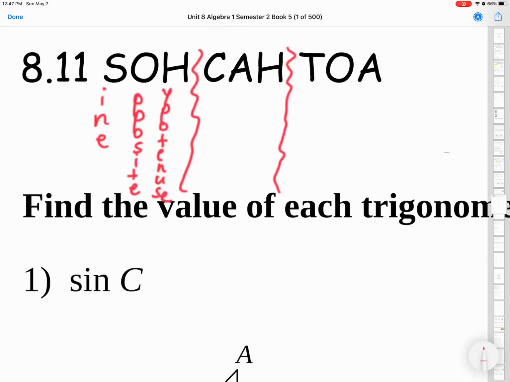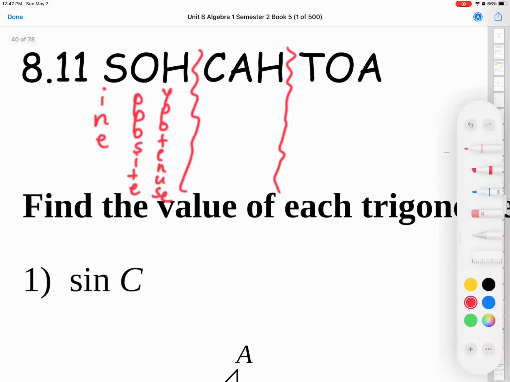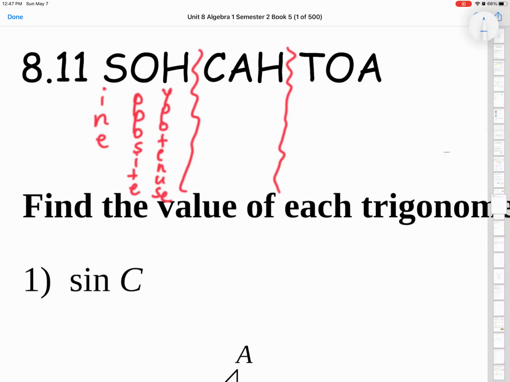So again, for the sine function, it is opposite over hypotenuse. Now we're going to get to the CA. CA stands for cosine function. So this is our cosine function, and that would be our adjacent over the hypotenuse.